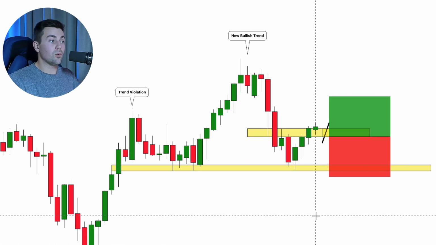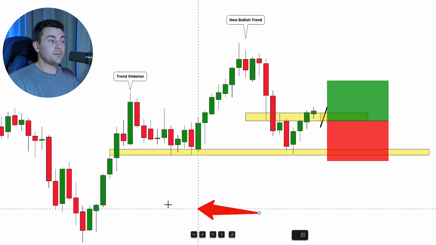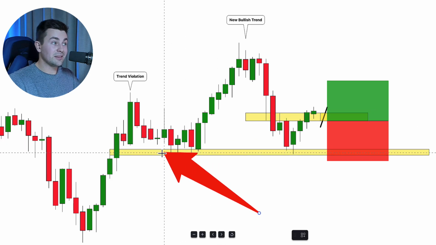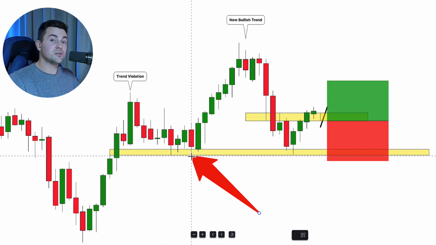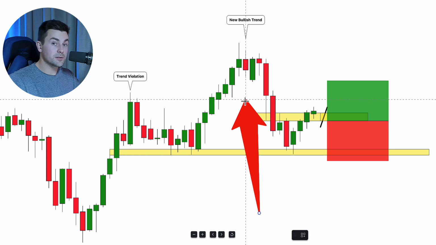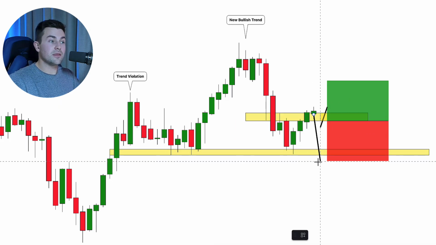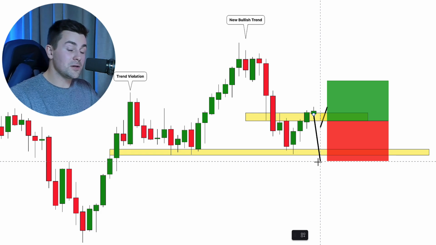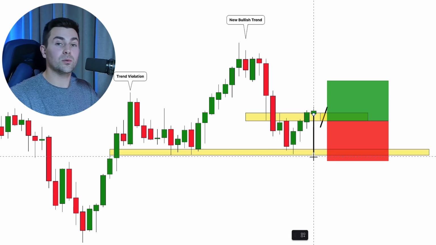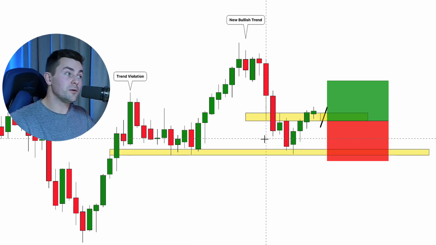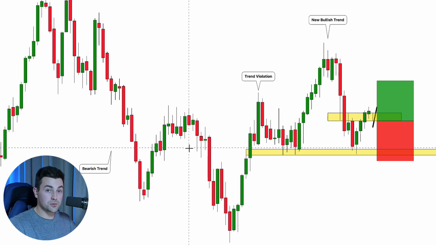Why? Because according to our analysis, the pair is now bullish. And that support is based on the last higher low in this bullish trend. And if the price starts falling and if the market violates that support, it will also signify the violation of a current bullish trend. The violation of that support will signify that the market returns back to a global bearish trend here.